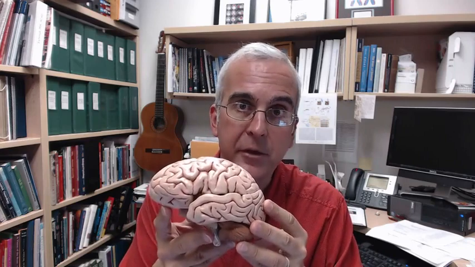Likewise, it's critical that you be able to recognize the major language centers in the human brain and the types of aphasias that result with localized focal injury to the lateral temporal associational cortex and to the inferior frontal gyrus.